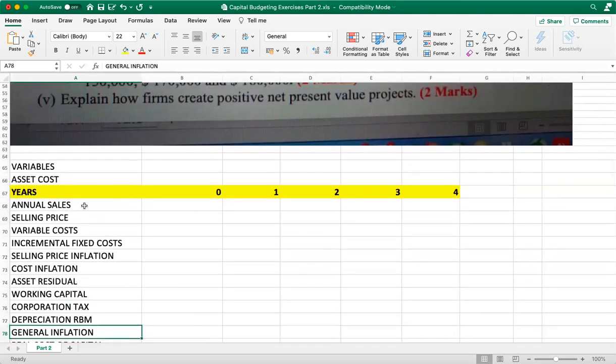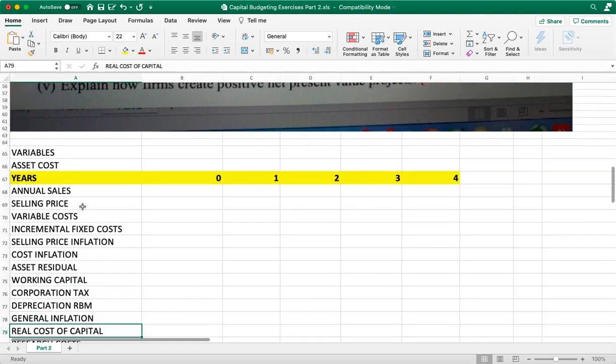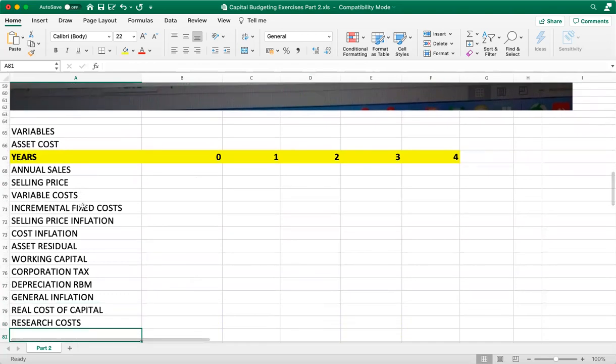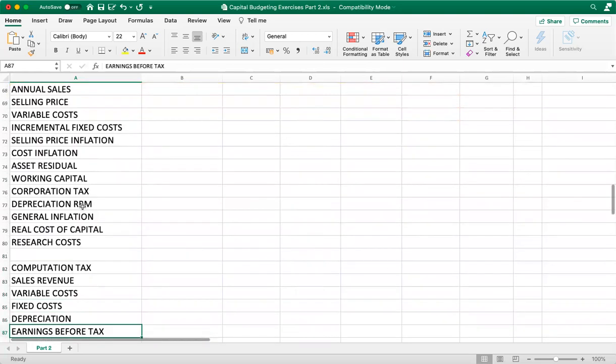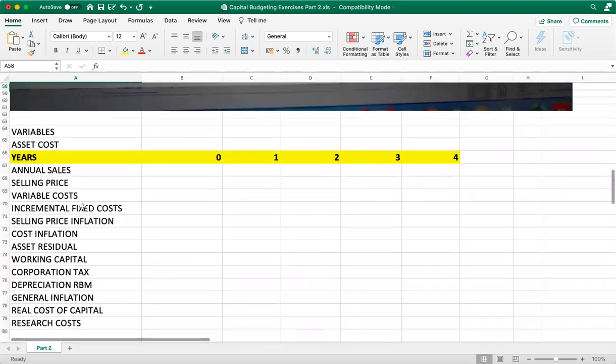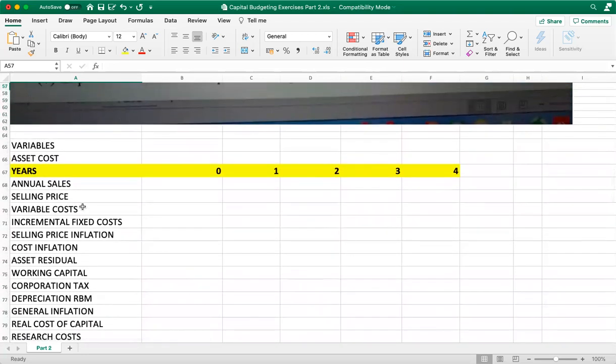So we have the asset cost, and this is a 4-year project, so we'll need to compute annual sales, the selling price, the variable costs, incremental fixed costs, selling price inflation, cost inflation, asset residual value, working capital, corporation tax, depreciation, general inflation, real cost of capital, and the research costs. Good. Having said that, we'll start by putting in the variables.